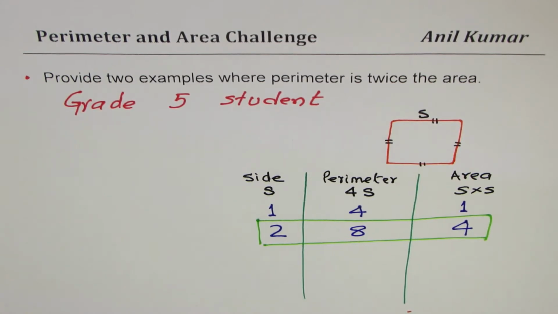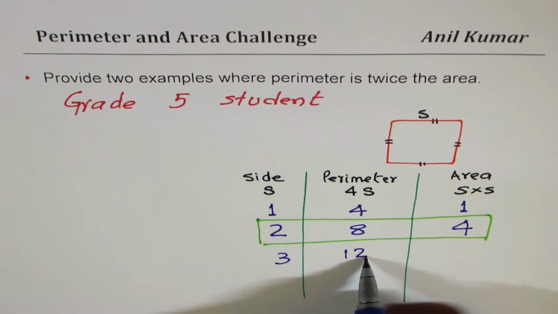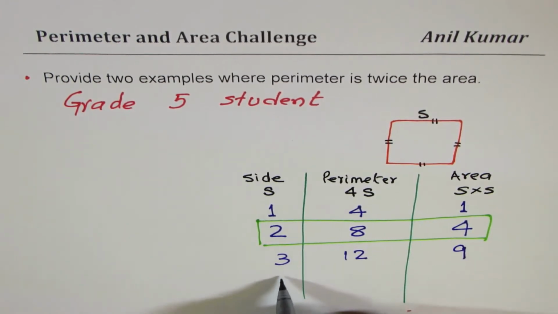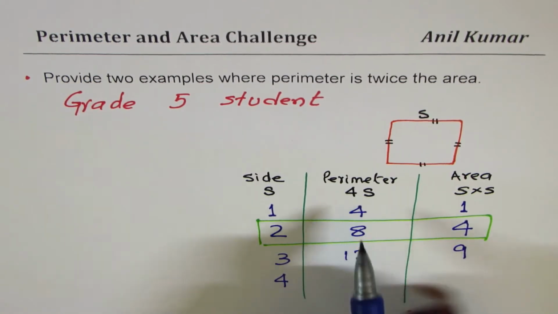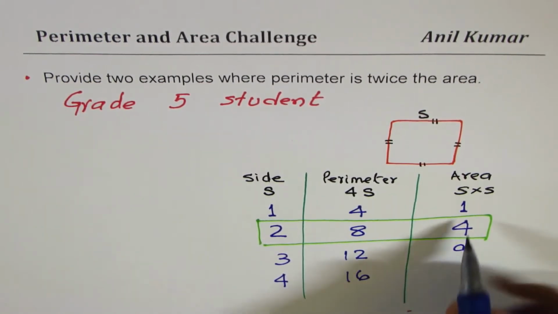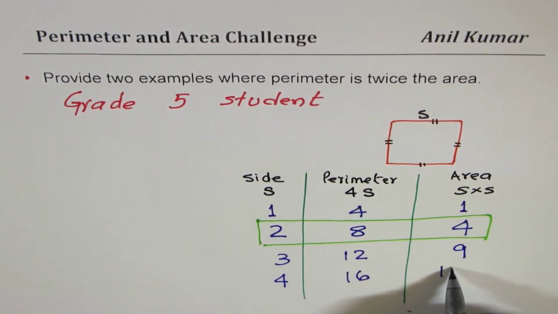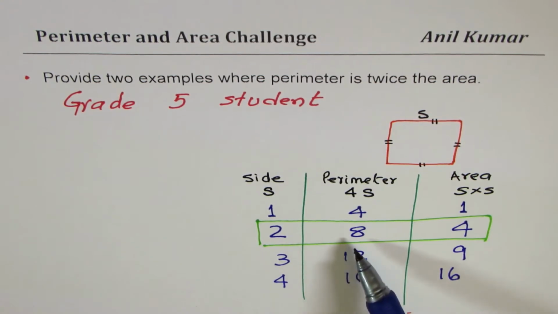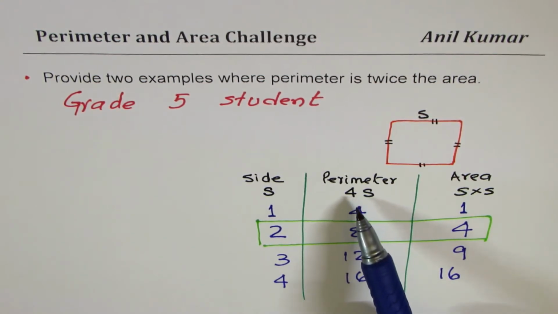If I continue, we have 3 times 4 is 12, and the area becomes 9, and for 4, 4 times 4 is 16, and here also 4 times 4 is 16. So as we increase the side length, area starts increasing, perimeter not that much. But for lower values, perimeter is higher, right?